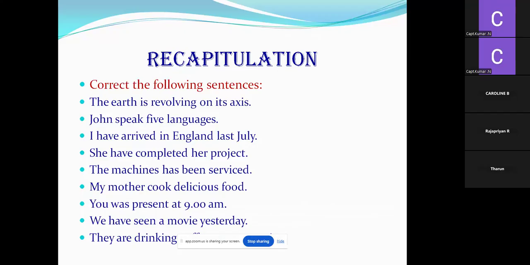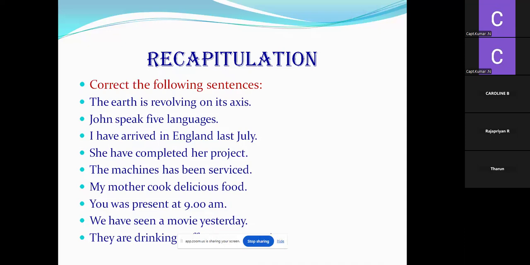We should never use was with you. You is always treated as a plural subject, and the verb must always be in plural form. So the sentence is wrong because the right sentence is you were present at 9 a.m.